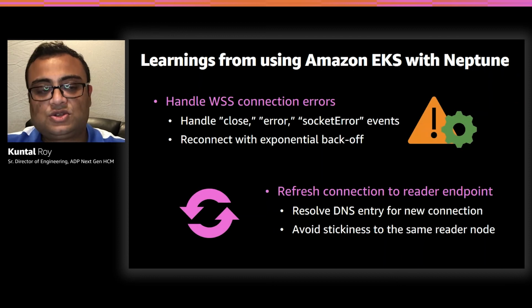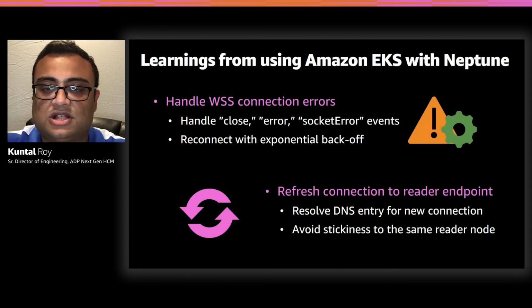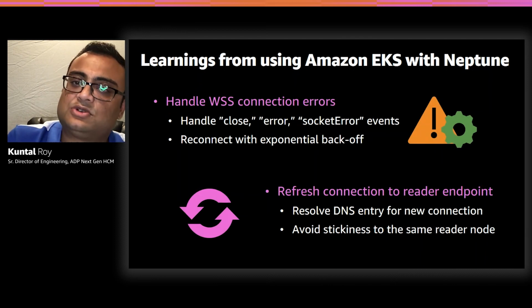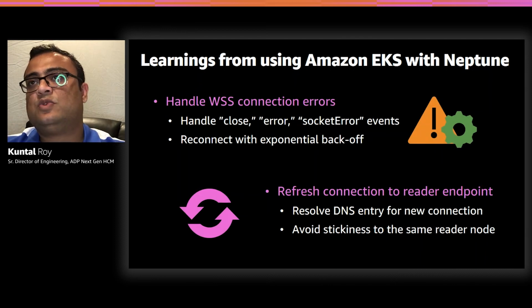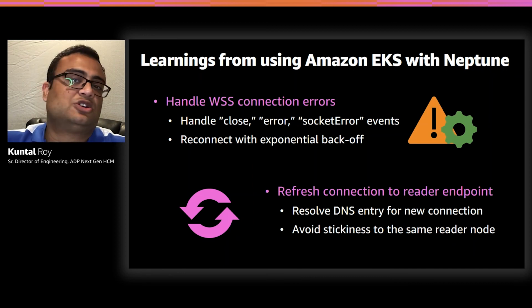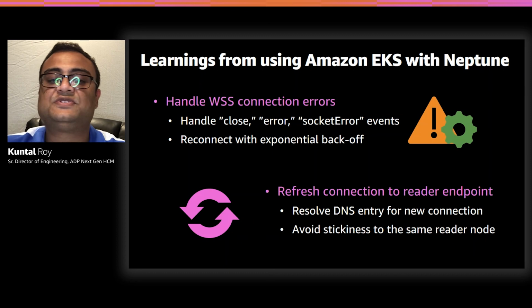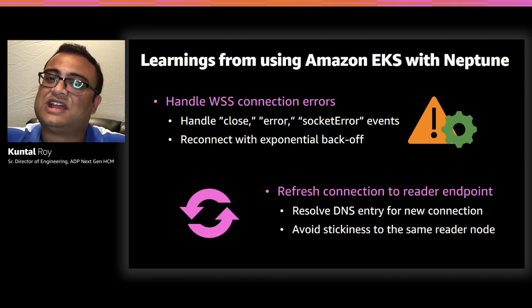Also, one other very important thing to consider, which we found out, was that we use WebSockets to connect to Neptune. Now, WebSockets by default will establish a connection and keep it open. In many cases, because of network errors or other kinds of errors, what we have seen is that in the service layer the WebSocket appears open, but the WebSocket is actually closed.